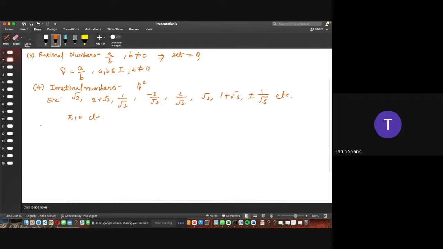Next comes your real numbers. The set which contains both rational and irrational numbers is called your real numbers, which is denoted by R. We can write it as R is equal to Q union Q c. Correct.